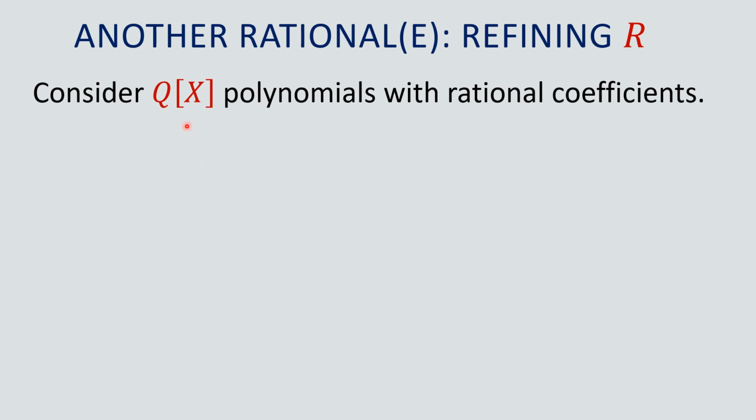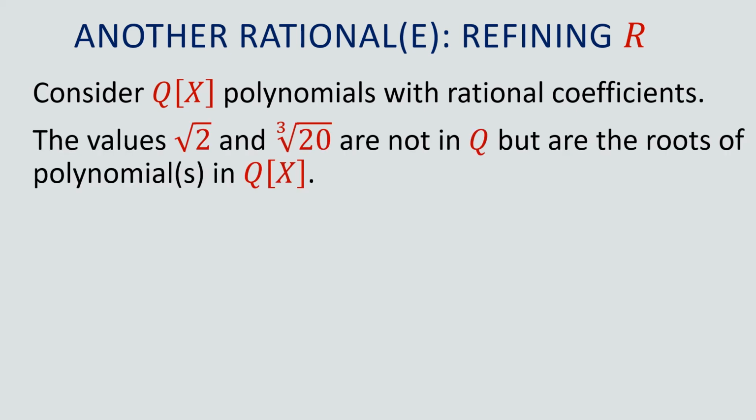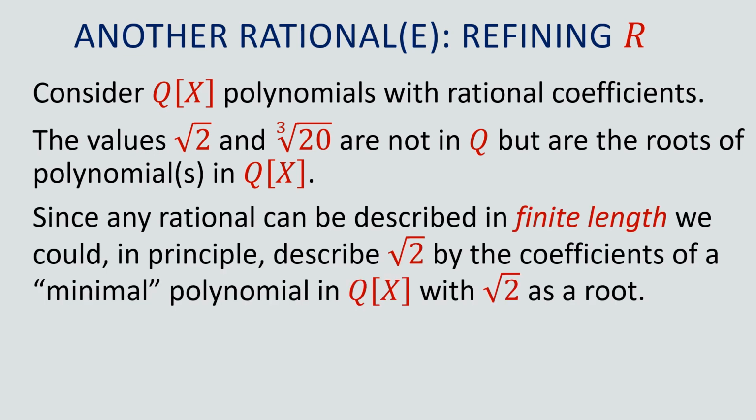So we're looking at what I described earlier as Q[X], polynomials which are only allowed to have rational coefficients. Now we've already seen that values like the square root of 2 and the cube root of 20 aren't rational numbers, but we can describe them as the roots of polynomials which only have rational coefficients.